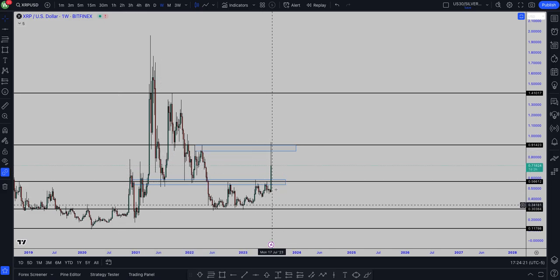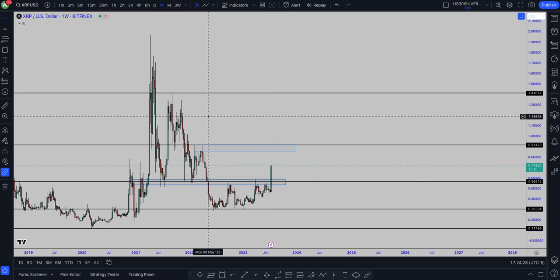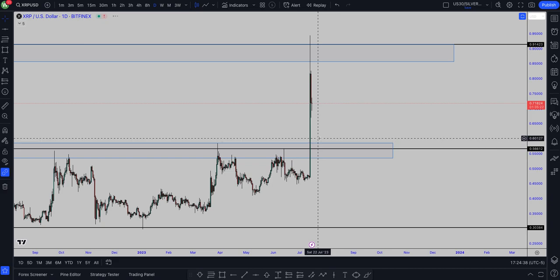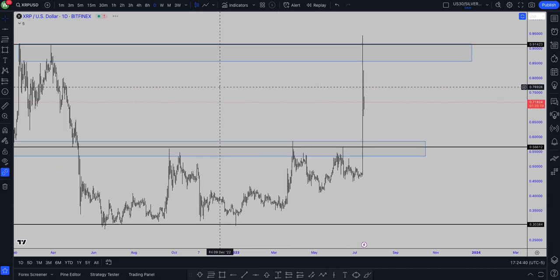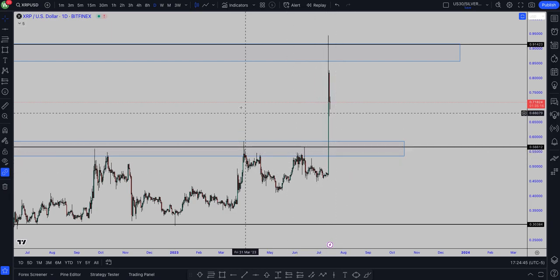Market pushed aggressively, breakout. Are we gonna see that last kiss of a retest before pushing back up? Potentially, maybe. We might see the market come back into the zone just to retest it before it continues going up, because it broke the zone.